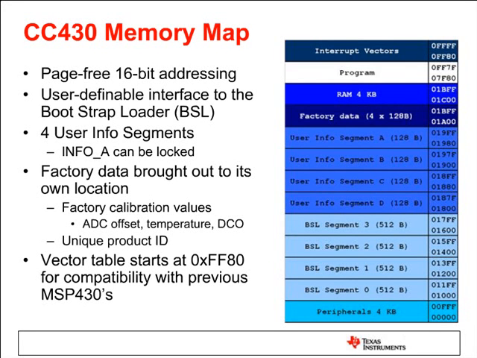Oftentimes customers use user info segment A, which is also lockable. So if you do a mass erase, you can put your application-specific calibration information in there, and it won't be erased because it's lockable. But the factory data has a lot of cool stuff, like a device unique ID for each device.